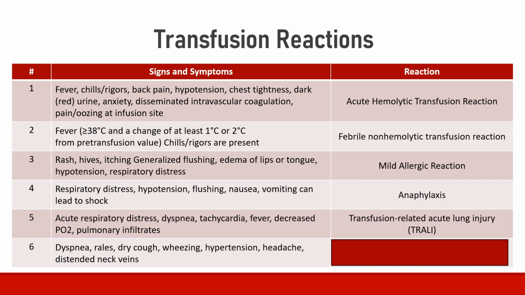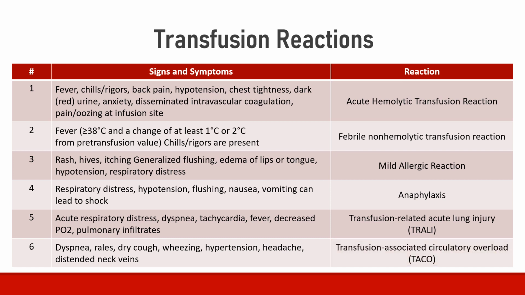Yeah, perfect. And then you can see some more signs and symptoms here we didn't talk about, but they might have rales when you listen to them, a dry cough, wheezing, hypertension, headache, and distended neck veins. So why do you think the distended neck veins is a symptom? Yeah, they're overloaded because they have transfusion-associated circulatory overload.